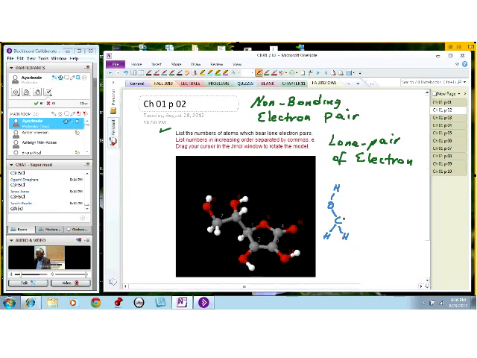That carbon is also bonded to this carbon here, which is bonded to hydrogen, and that carbon is also bonded to oxygen, and the oxygen bonded to hydrogen. So now we have this carbon here. Now let us look at this carbon.